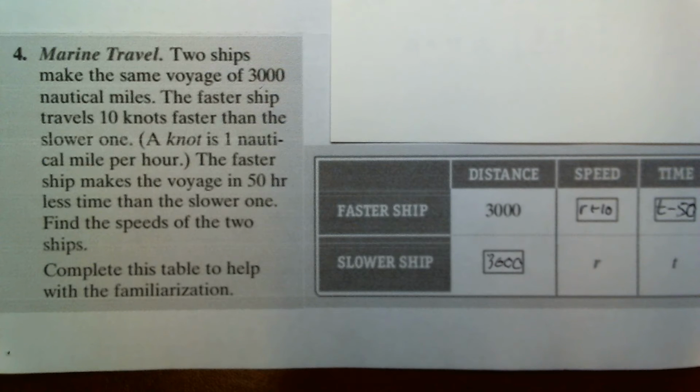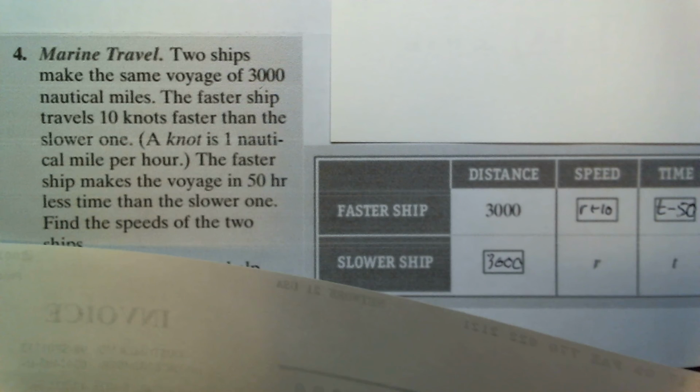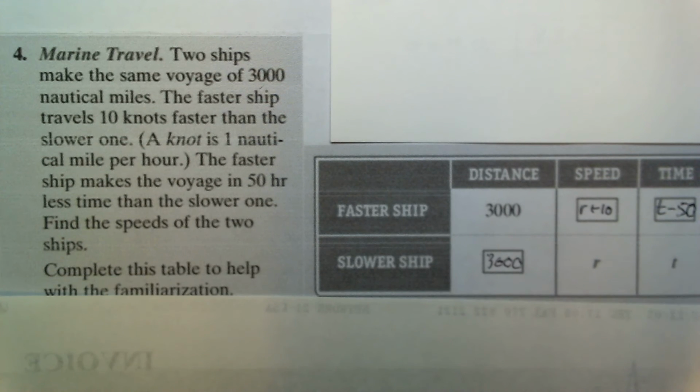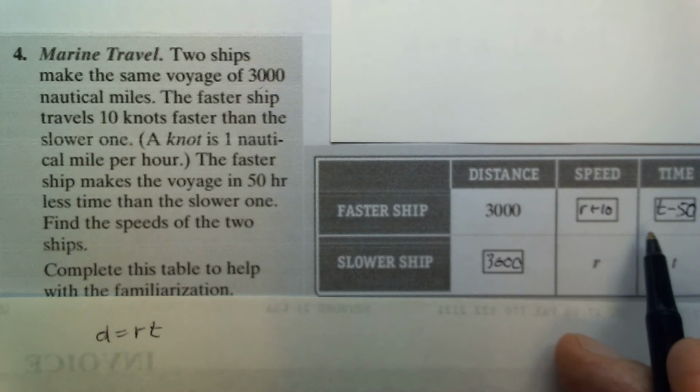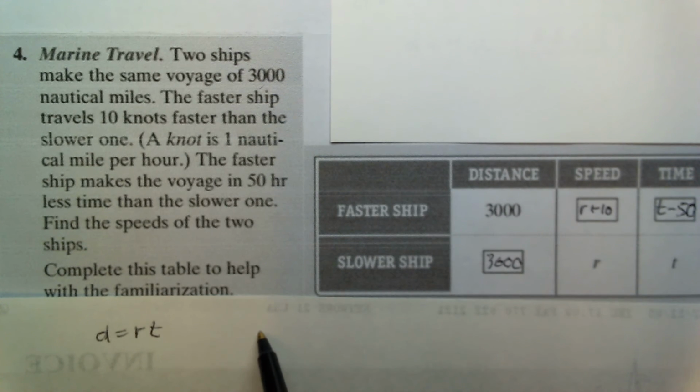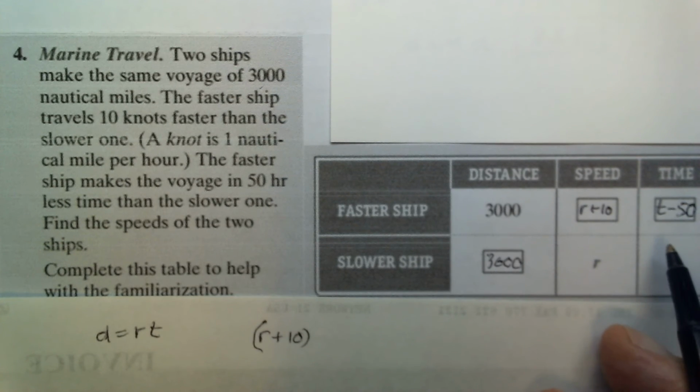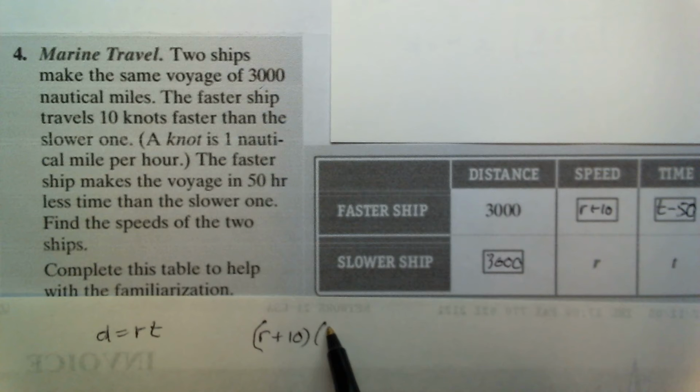So this then gives us the following relationship. Since distance equals rate times time, d equals rt, for the faster ship, the speed times the time would be r plus 10 times the time t minus 50, which is equal to 3,000.